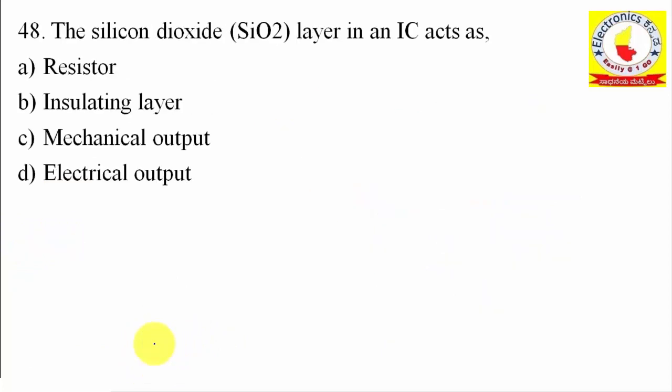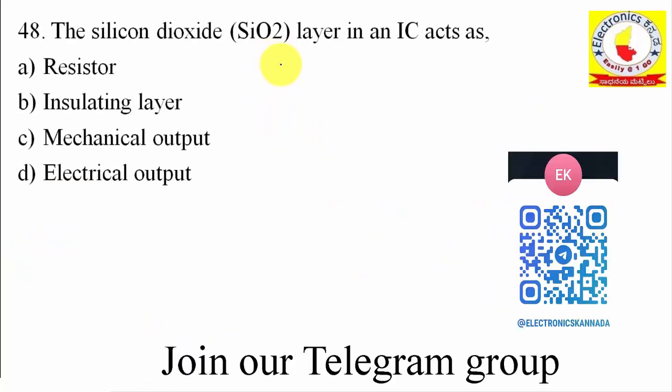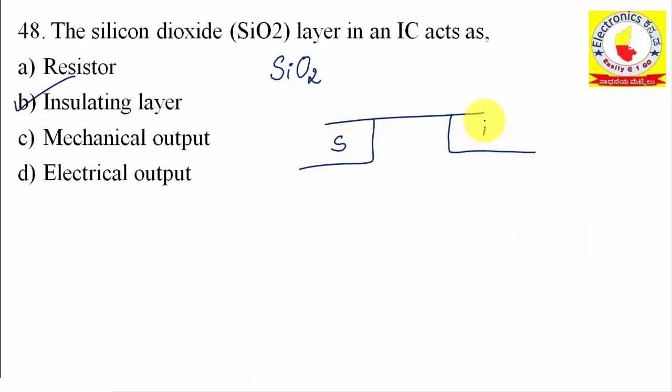48th question: the silicon dioxide, that is SiO2 layer in an integrated circuit, acts as an insulator. Now look at the things. This is the source terminal, this is the drain terminal. This is your channel which is tapered, right?